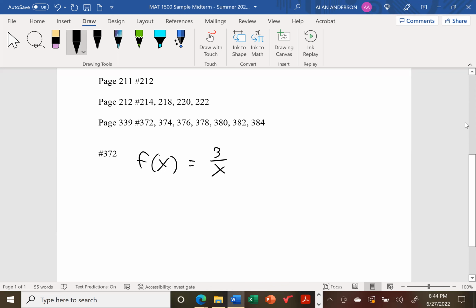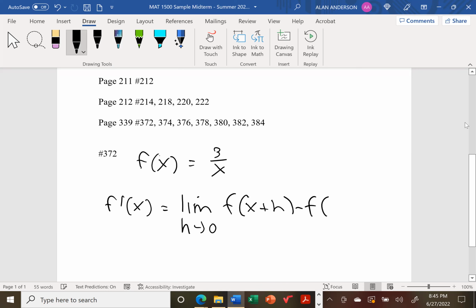So in other words, f prime of x is the limit as h goes to 0 of f of x plus h minus f of x, all divided by h. Okay, so f of x plus h will be simply 3 over x plus h.